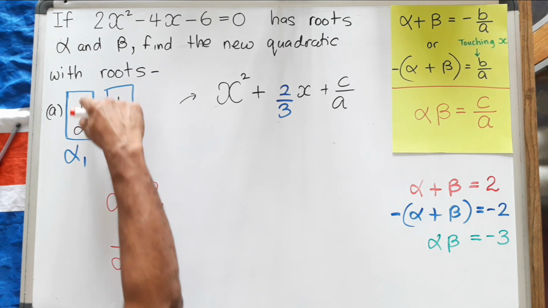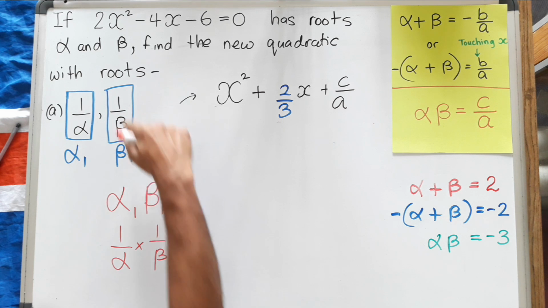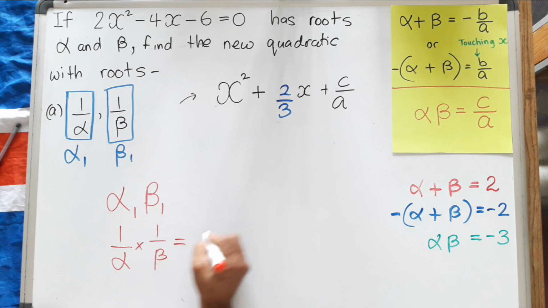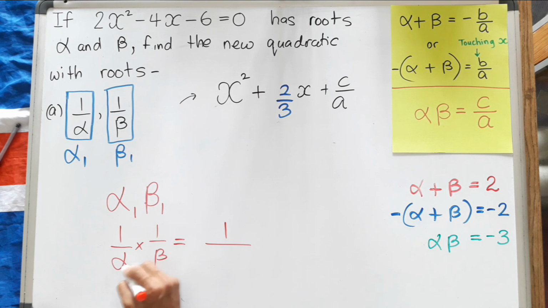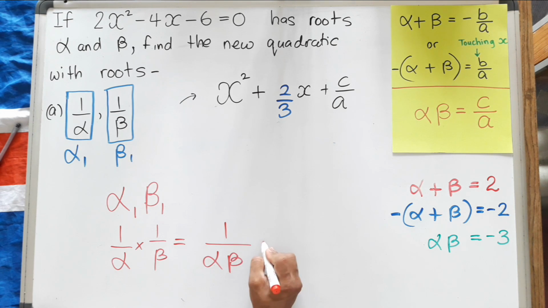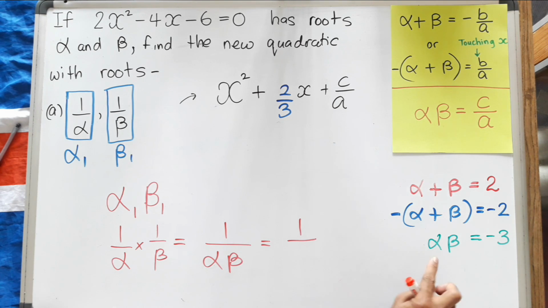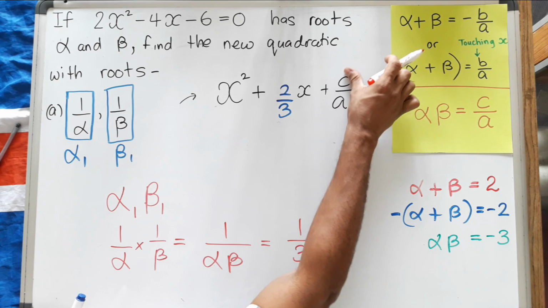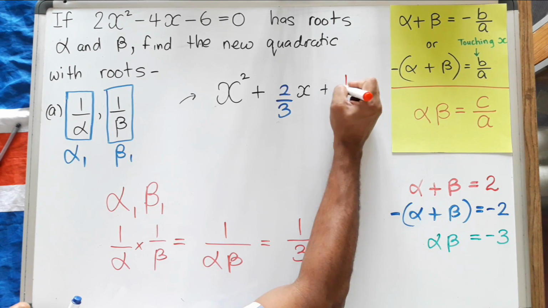Remember, alpha 1 is the same as 1 on alpha. Beta 1 is the same thing as 1 on beta. And this will give us 1 by 1 is 1, and alpha by beta is just alpha beta. But we know from here, anywhere we see an alpha beta, we can replace it with 3. So C on A is 1/3.